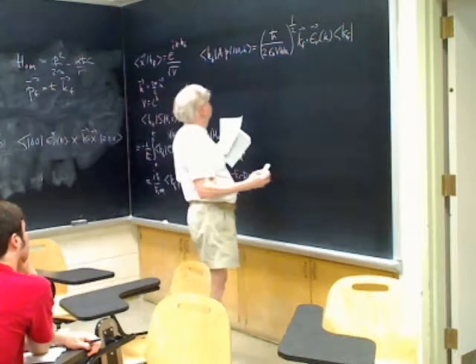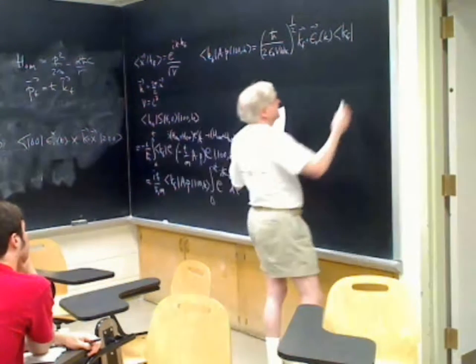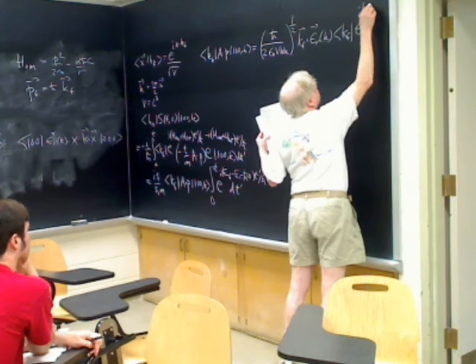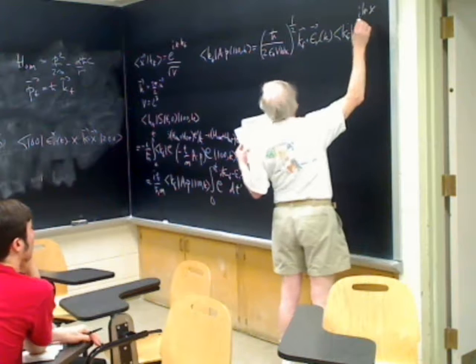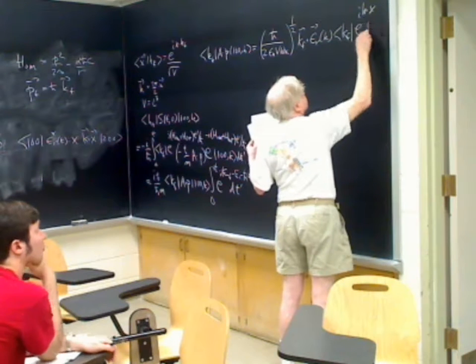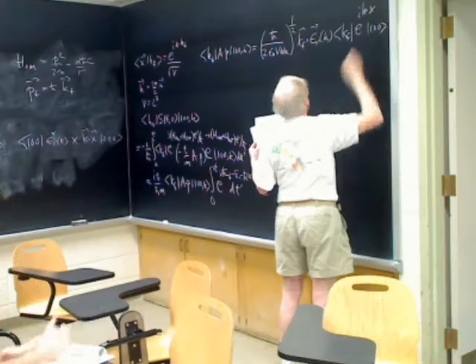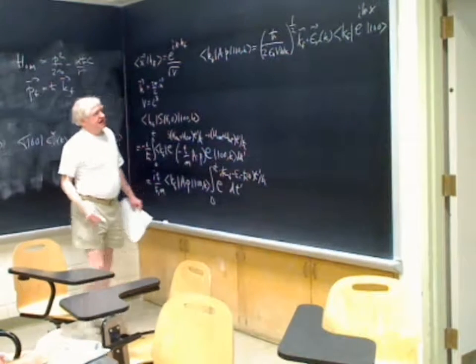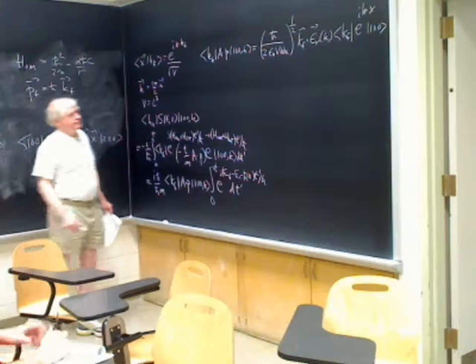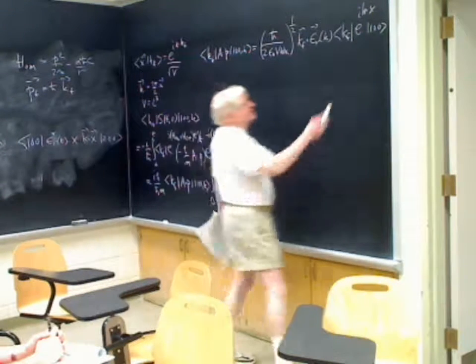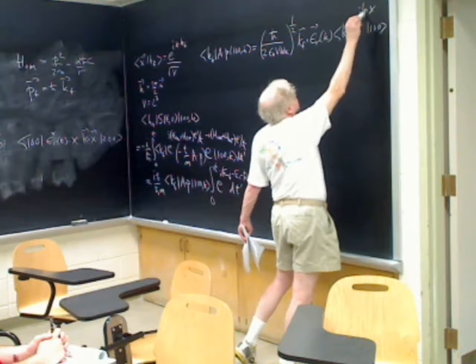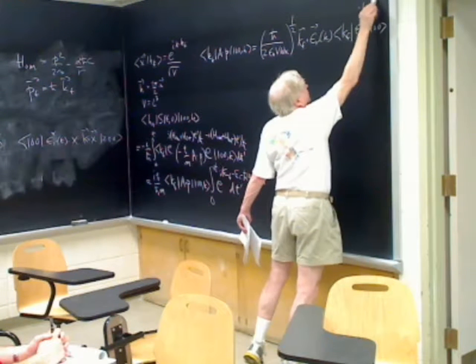And so the final factor here is e to the i k dot x times 1,0,0. I don't think I've left anything out at this point. This is the operator here. This k is the k of the initial photon.